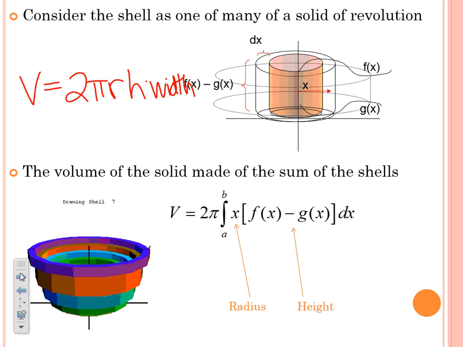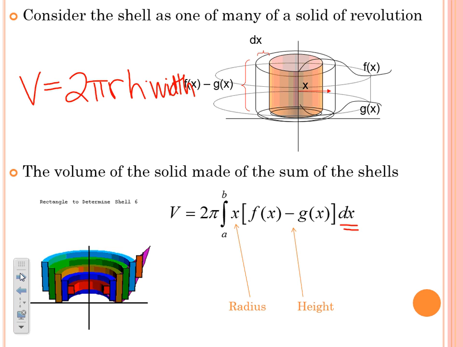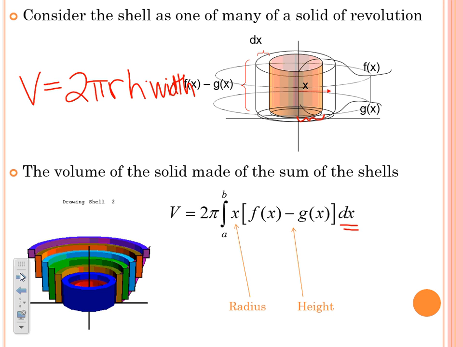So the width we've decided was either our dy or dx. Right now, let's call it dx. So here's the width of that shell. 2 pi r. Here, can you see my shell? What can we describe as the radius of our shell?